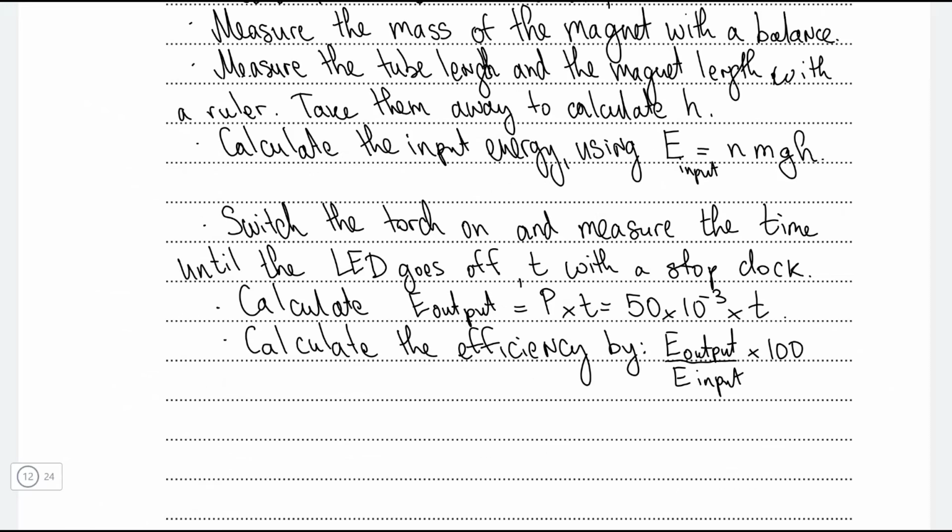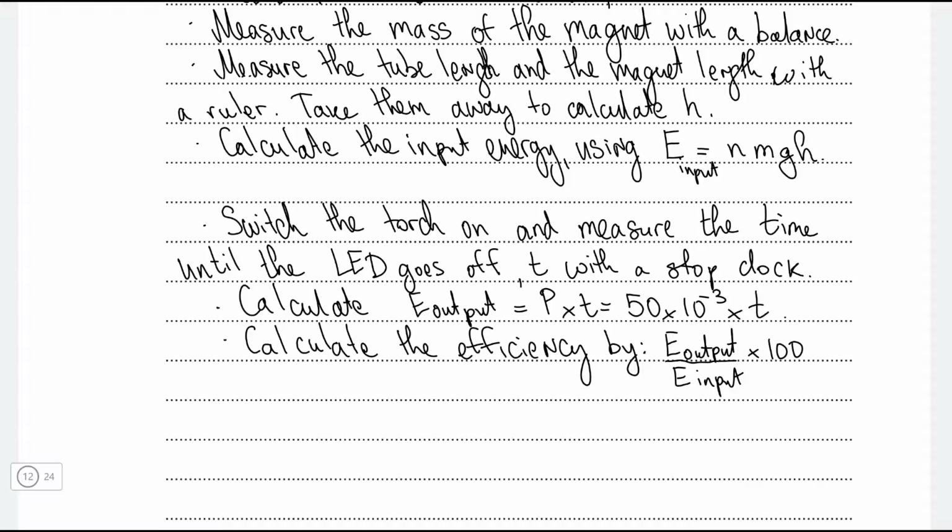Our next step would be to calculate the output energy. The way we're going to do that is we're going to switch the torch on and we're going to measure the time until the LED goes off. We're going to call that time t, and we're going to measure that with a stop clock.